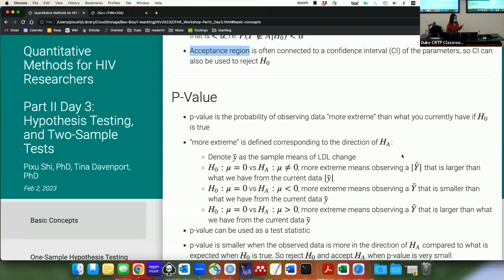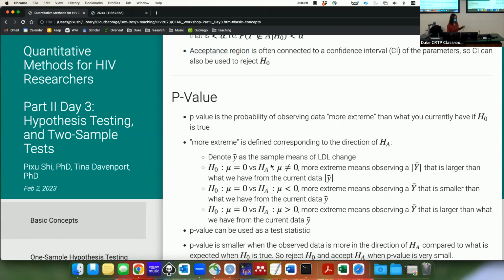So under the null hypothesis, if there's no change, your y bar shouldn't be very large or very small. In the direction of the alternative, if your data is too extreme for the null, then y bar is either too large or too small. Those two extremes are both extreme in the direction of the alternative.